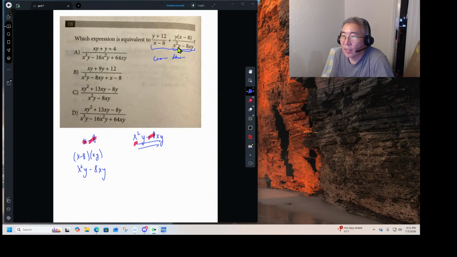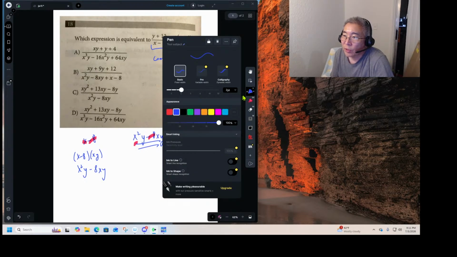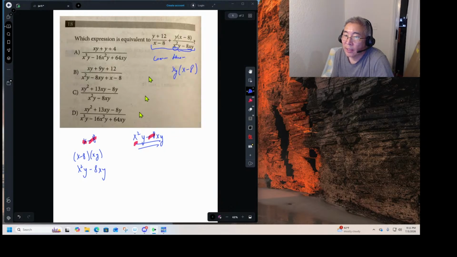So like I see an xy here, I see an xy here. If we factor out an xy, I would get x minus 8 as the other factor, and I can see that this is x minus 8, this is x minus 8. So I don't need to multiply this by anything to add it to this. I only need to multiply the first one by xy, right?